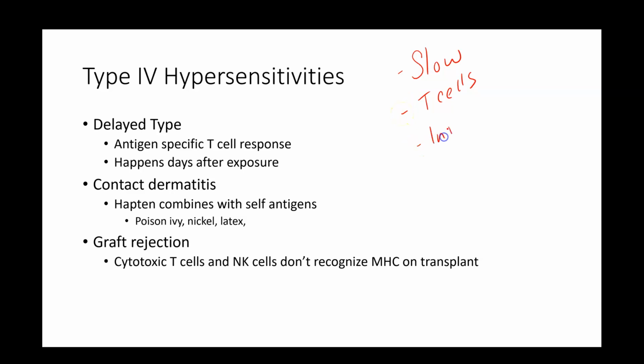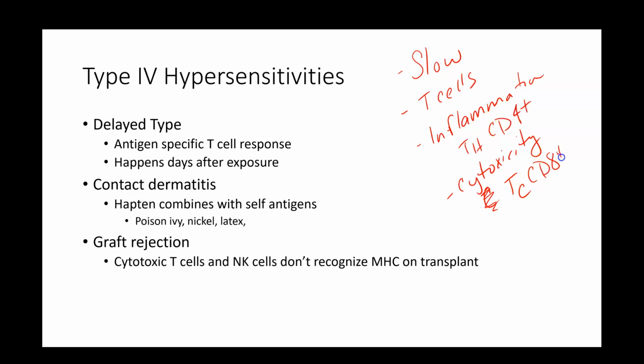And this is both inflammation by helper T cells and cytotoxicity, so direct destruction of cells by the cytotoxic T cells. So these are those CD4 positive T cells, and these are the CD8 positive T cells.